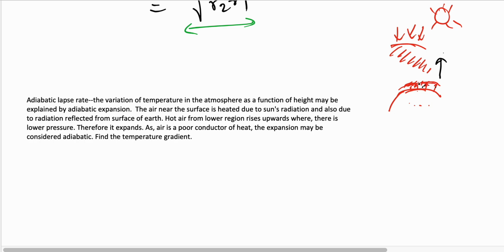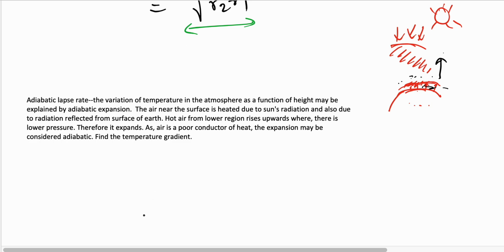It expands, since this air is surrounded by other air, and we know that air is a poor conducting medium for heat. So the heat cannot flow from this region to that region, and since the pressure is low here, this region wants to expand. So this expansion can be approximately thought of as adiabatic expansion.